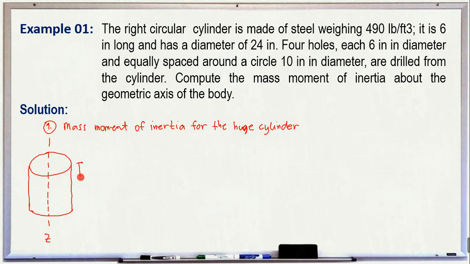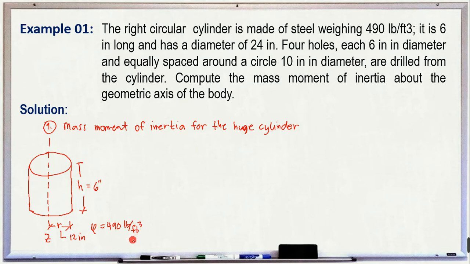It has a height of h, and our h is 6 inches. Then it has a radius, which is half the diameter, that is 12 inches. Its density is 490 pounds per cubic foot.